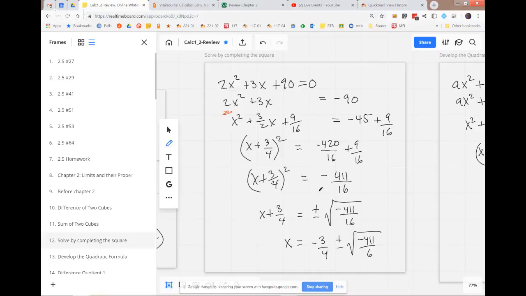And then you can take the next step by taking both square roots. So x plus 3/4 equals plus or minus. And this example is bad because you can't take the square root of a negative. But the last step would be to subtract 3/4 from both sides. Whoops.